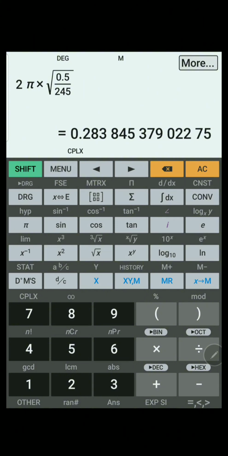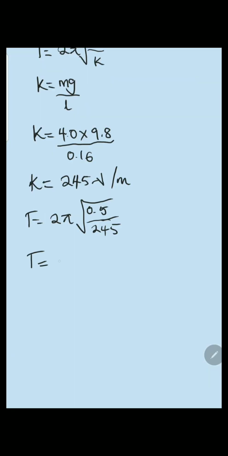In decimal notation, this is 0.283. All right, so that's our answer. The period is equal to 0.283, and the unit is seconds, and then we are done with our question.